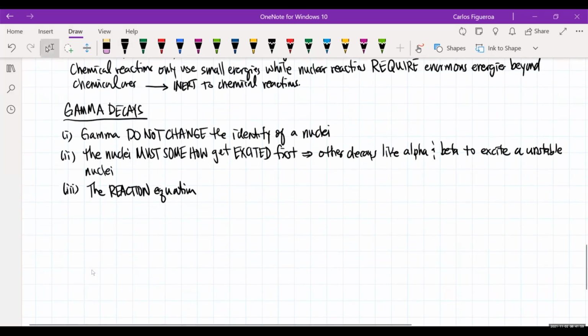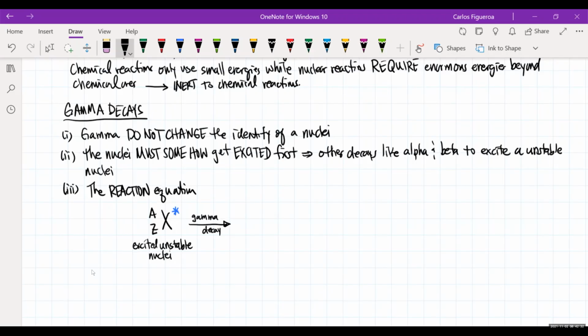You start with an excited, unstable nuclei. And how do we write an excited state? We put a star. The star here means excited. And then it goes gamma decay.